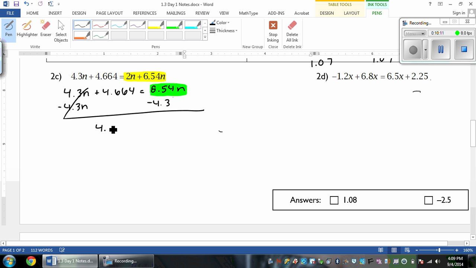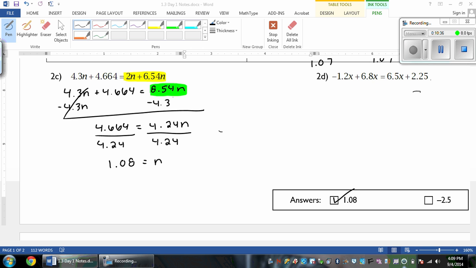I have 4.664, and that's going to equal 4.24n. 4.24n is being multiplied by n, so to cancel that out, I'm going to divide by 4.24. On the left-hand side, you're left with 1.08. That's going to be your solution for n, and that's my first answer.